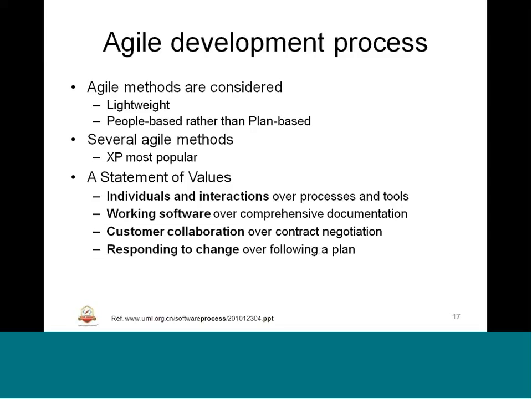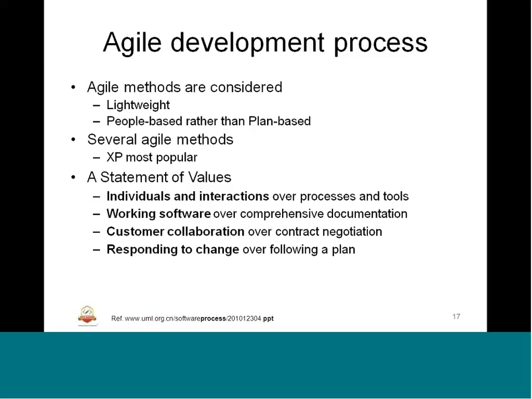And responding to change over following a plan. As we follow the plan, we may have to adopt certain changes into the existing plan, so we don't need to revisit it with another set of plans. Instead, we can spend effort on the change itself rather than the plan.